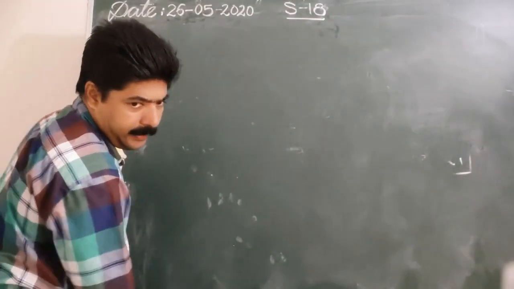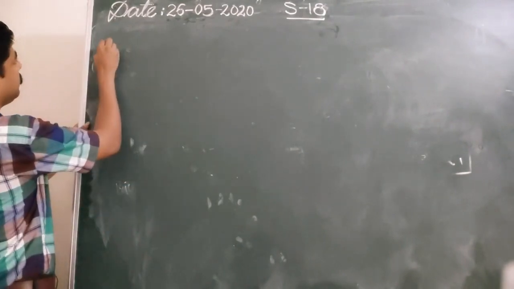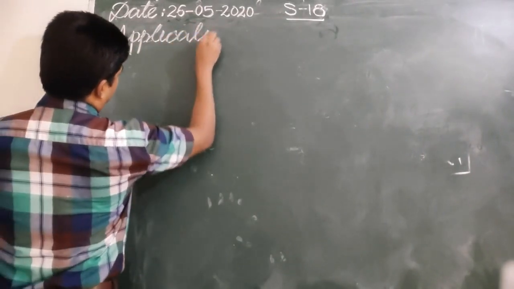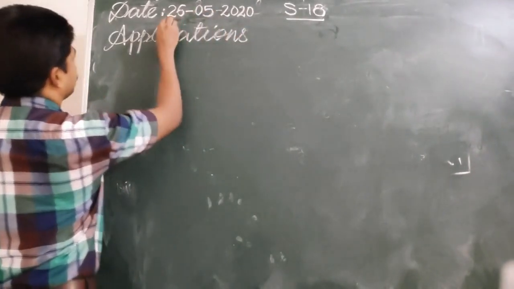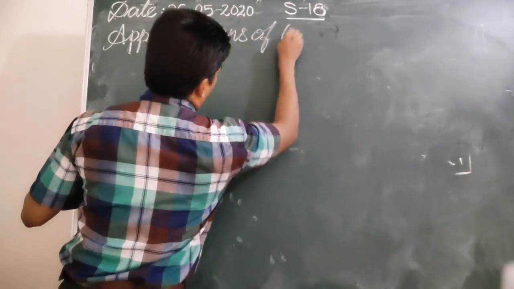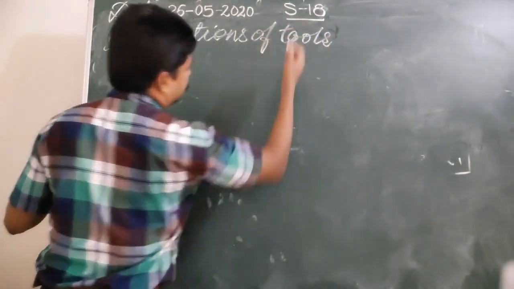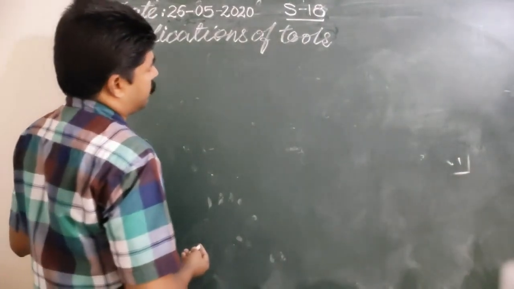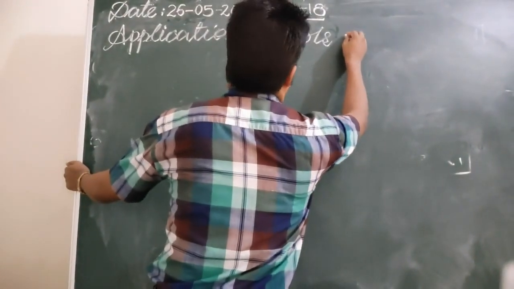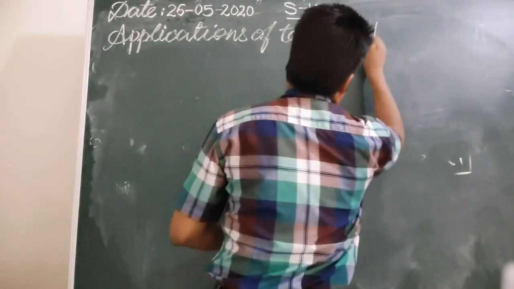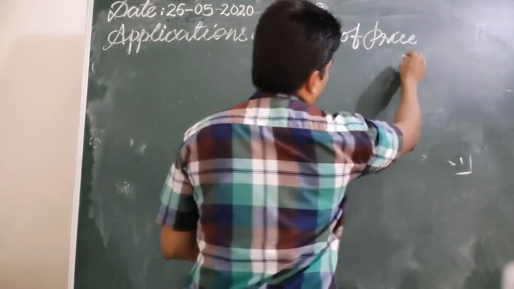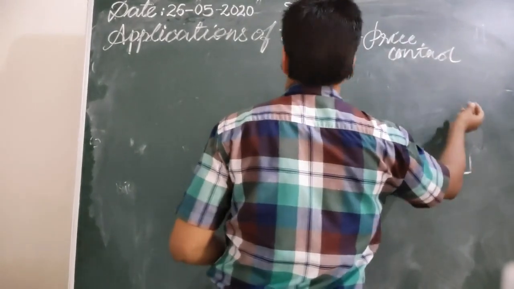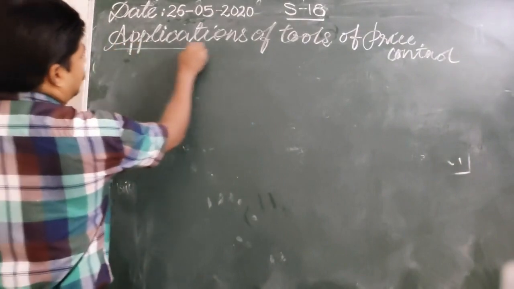You can also write the heading, applications of tools of price control. By whom? By the government. Price control by the government.